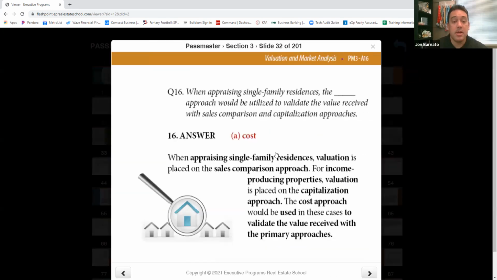So when you hire an appraiser to appraise a single-family home, why do they use the cost approach as well as the sales comparison approach? Because if other people are valuing houses in that neighborhood higher, then that adds to the value, even if the house isn't necessarily worth it.